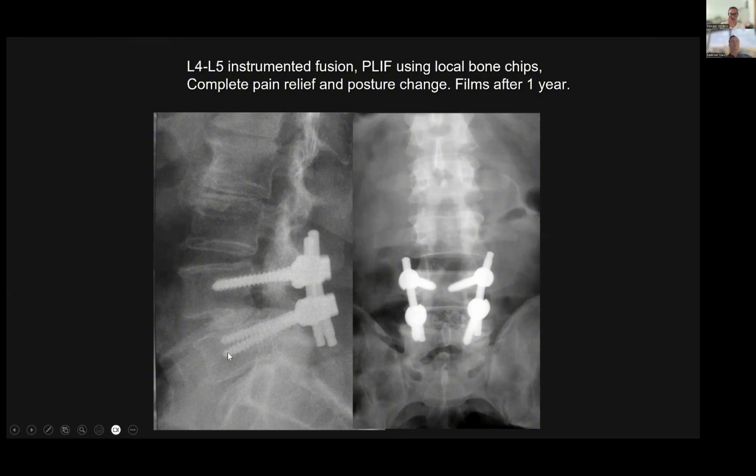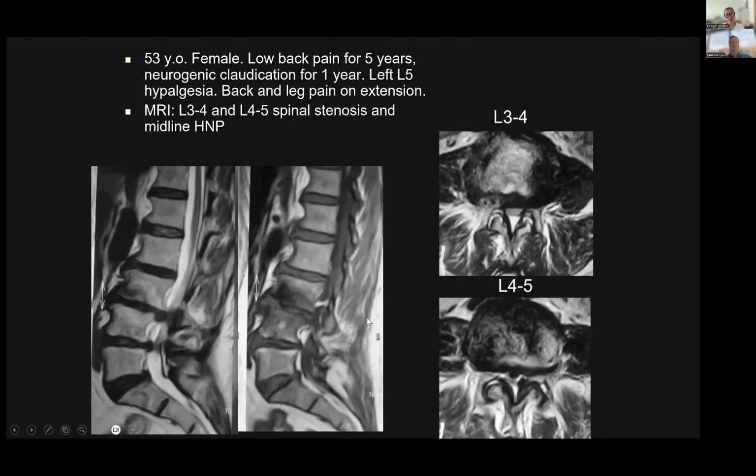However, you must spend more time than with other posterior fusion techniques, and you must be careful to remove most of the soft tissues inside the disc and curette the disc space and the end plate.